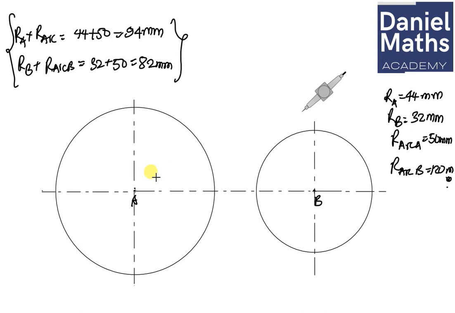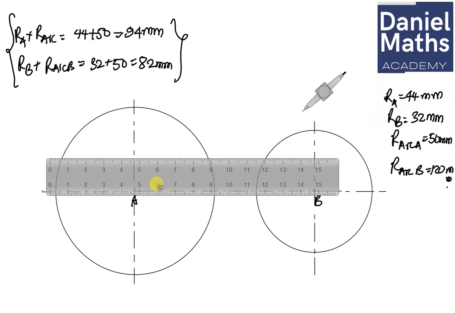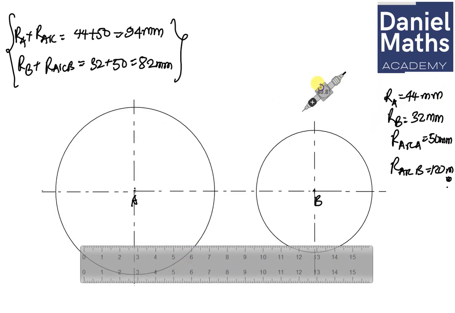So quickly I'm going to do that using my ruler. I bring in my ruler again, and then I have to measure 94. Before that, let me quickly move this right in here so that we can have this top part all free.